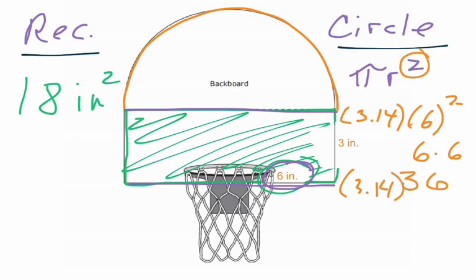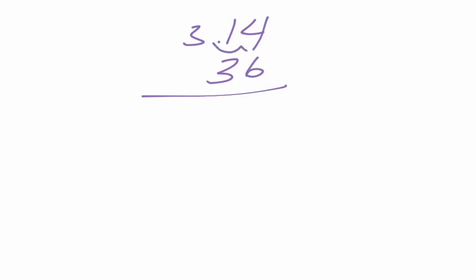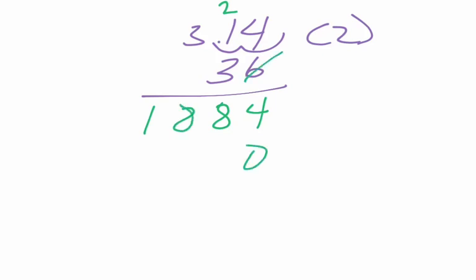So 3.14 times 36. I'm going to switch to another page to do that real quick. 3.14 times 36. Decimal over 2 spots here, and let's multiply. 6 times 4 is 24. Carry the 2. That's 6, 7, 8, and that's 18. Drop my 0, and keep going.